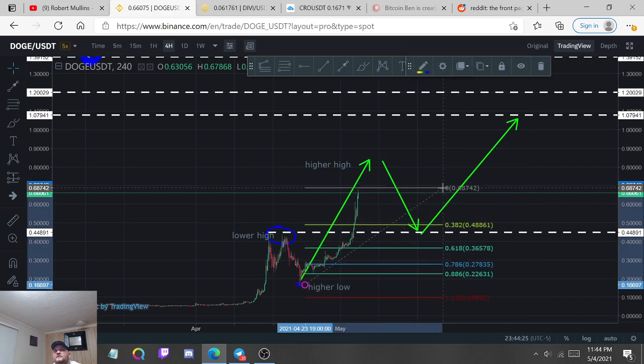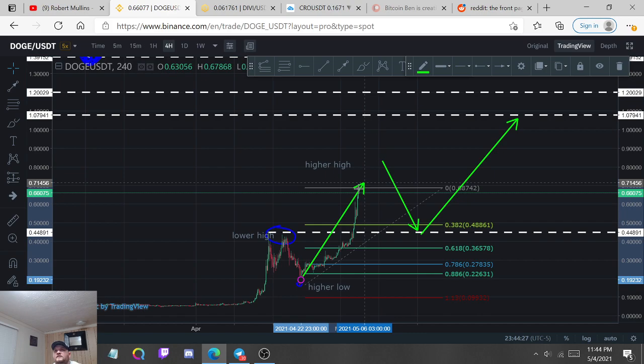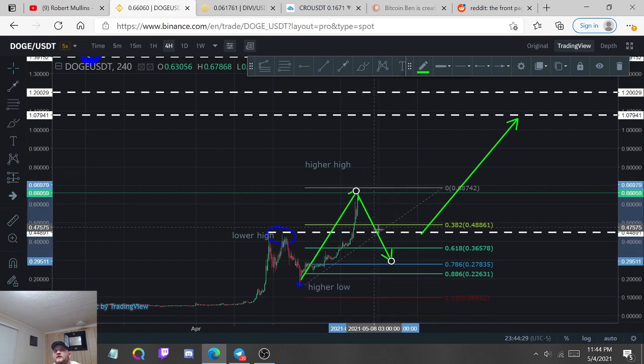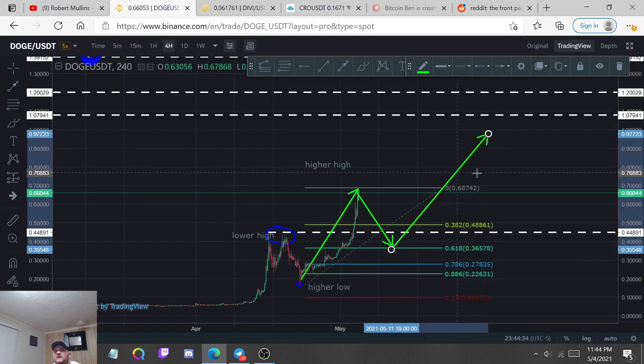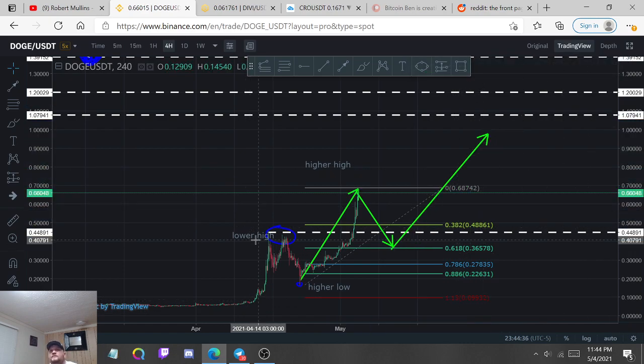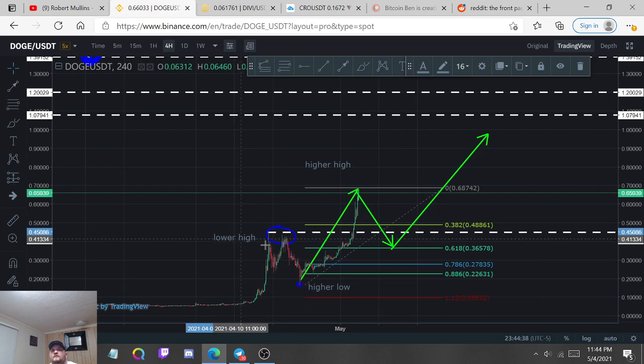But right now we know if price comes to here and goes to there, we could look for a move higher. We would look for this resistance here at 42 cents to now become support over here.